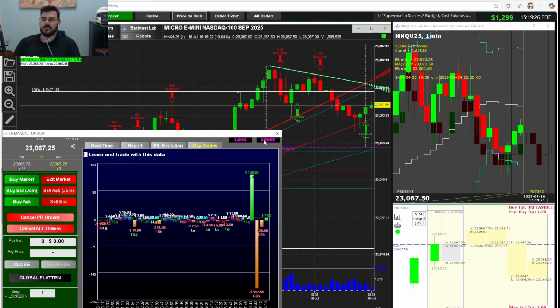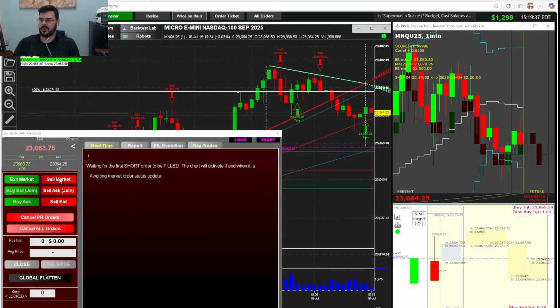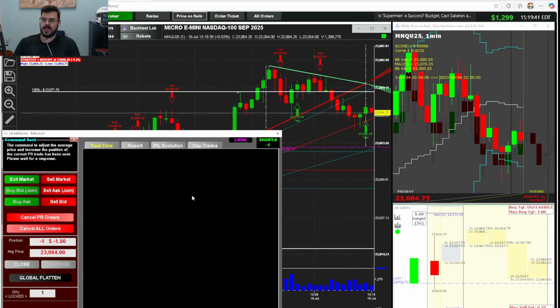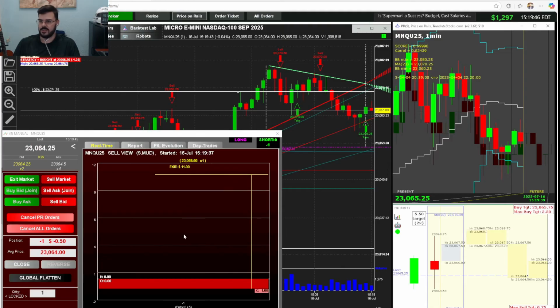If I want to trade now with this new projection, this down that's aligned with the projection, I can just click on short and then enter the sell by clicking the red sell market. And now I am trading the sell, the short position.